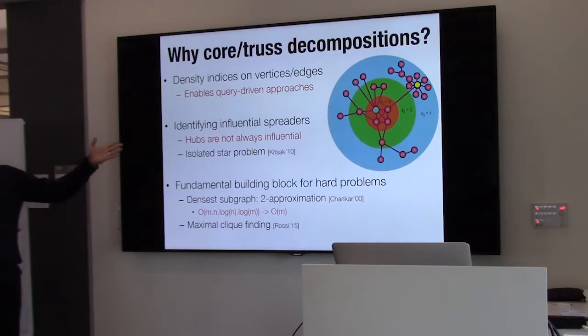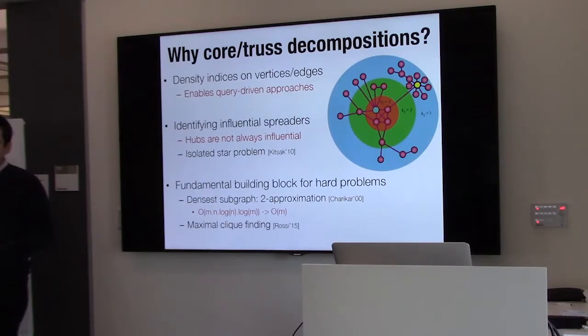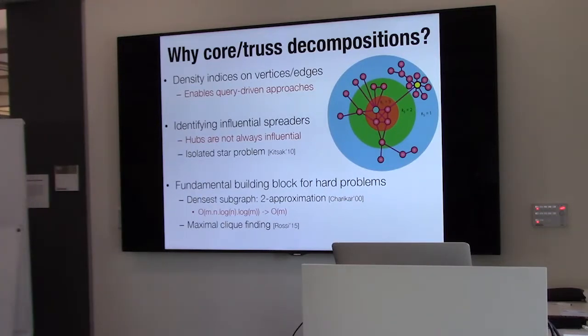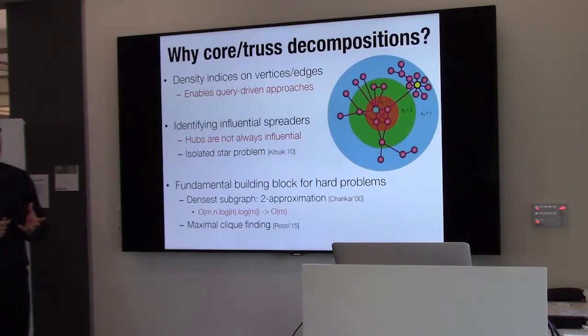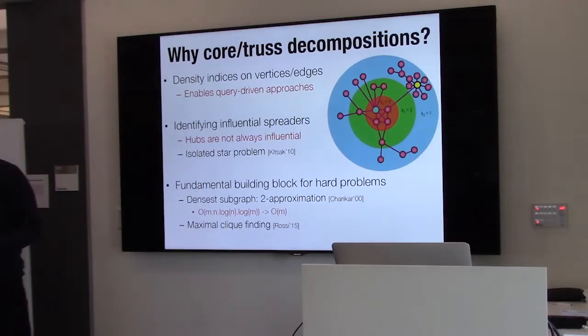Historically, core decomposition and also truss decomposition have been used to find influential spreaders. This is a very interesting and simple way to tell the difference between different types of star vertices. Hubs are not always influential. If you have a high degree, it doesn't mean that you will be influential at all.